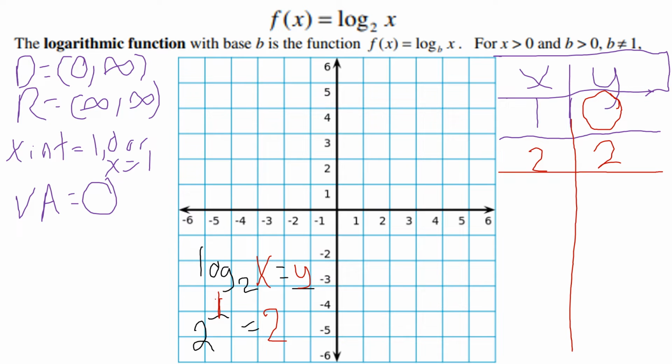So when you put this in exponential form, mind you, it's going to be 2 to the power of y equals x. So you're asking yourself, what exponent, what power gives you the x value? I know it's trickier than what we're used to, because we're used to just plugging in x and getting y like that. So y has to equal something.